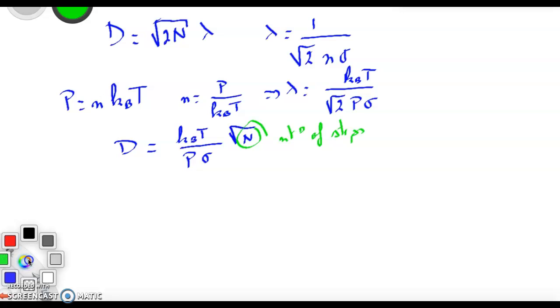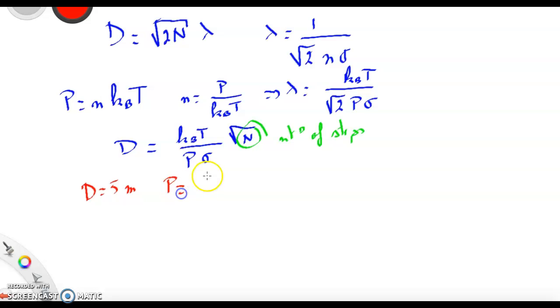So let's put some assumptions. Let's say we're dealing with a room where the distance is 5 meters. We're looking at how much time it's going to take for a molecule to cross the room, going in completely random directions, so collisions all the time.